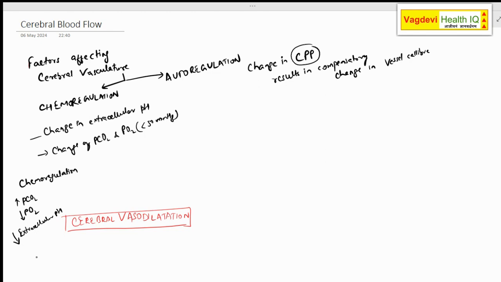That means it's an acidic environment, and more metabolic byproducts. So all these chemoregulation factors will cause vasodilatation. And if it is autoregulation, increase or decrease? In case of autoregulation, which will cause vasodilatation basically?